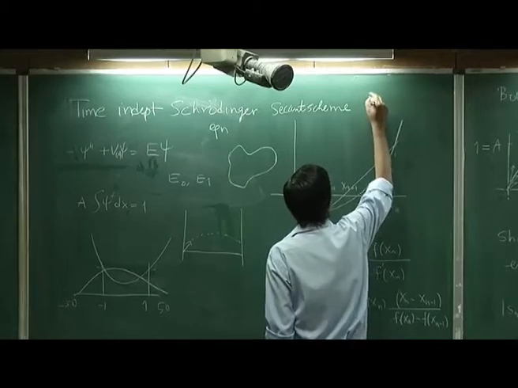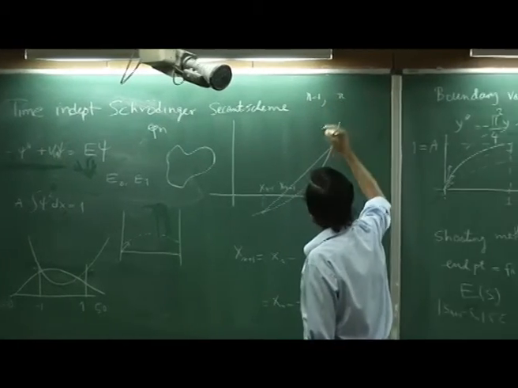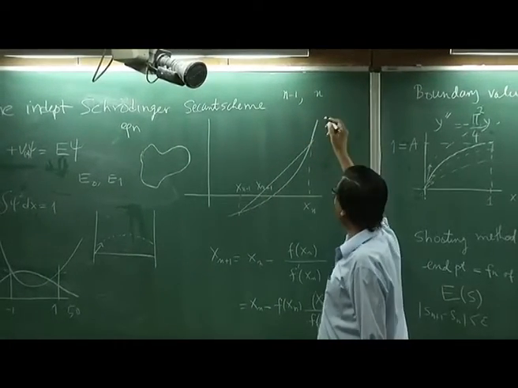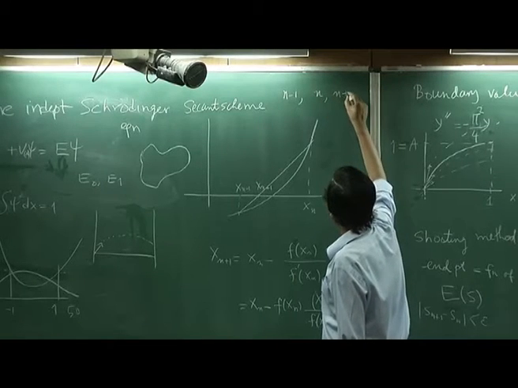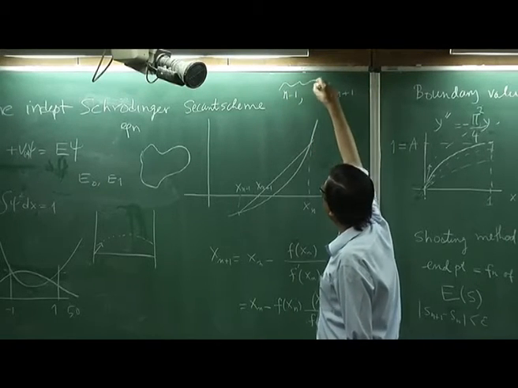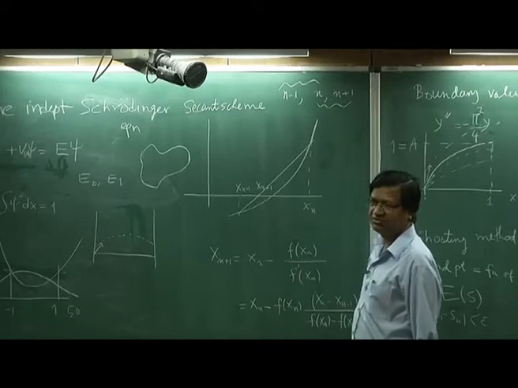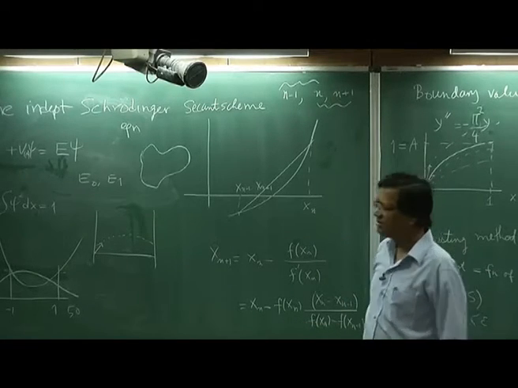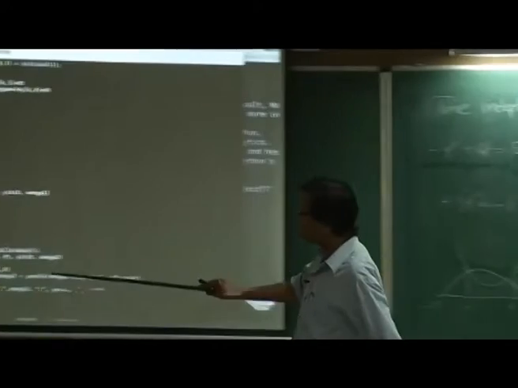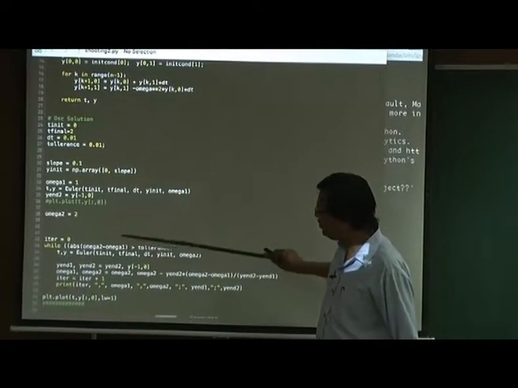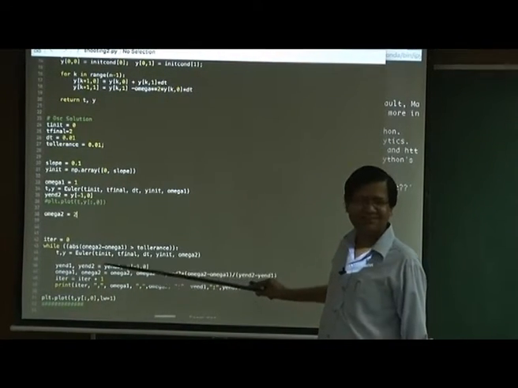So, I have n minus 1 and n. When I iterate this, I go to n plus 1. I was using these two values, but now I have to choose these two values. So, my n1 and n2 are replaced by n2 and the new end.